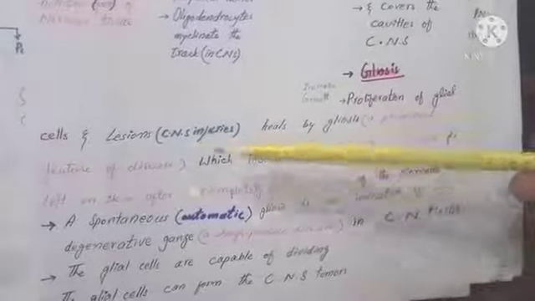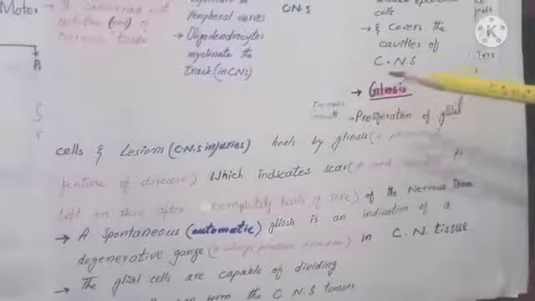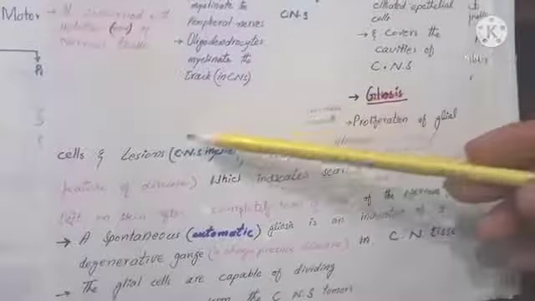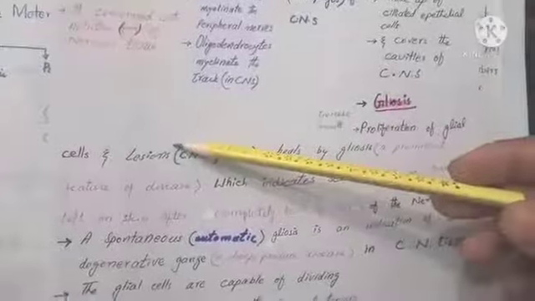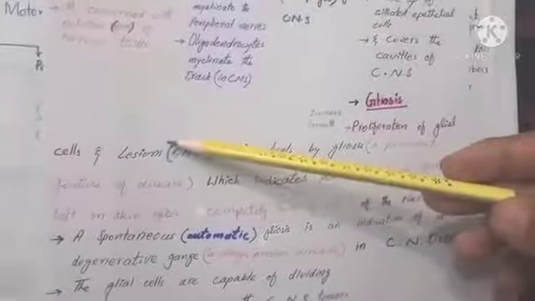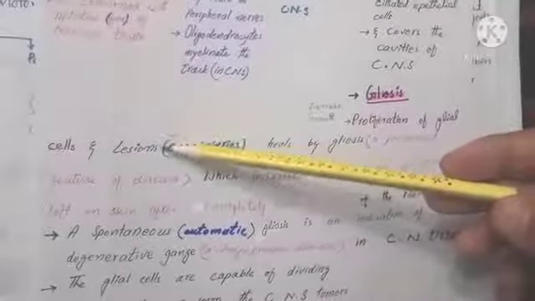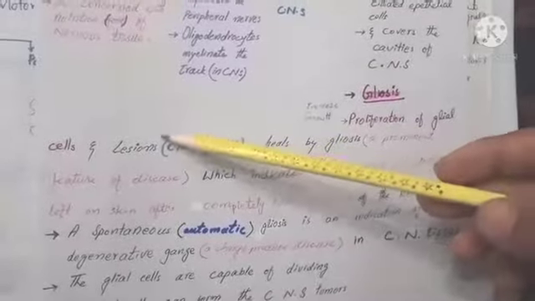Going further, now we talk about gliosis. Proliferation of glial cells and scars heals by gliosis. Gliosis itself is a permanent feature of disease. Scars are the marks or spots that remain on the skin when someone gets hurt.